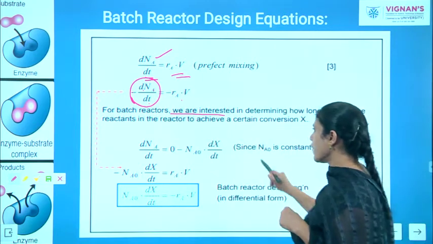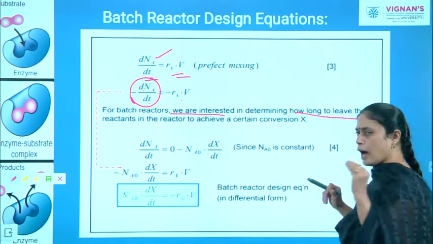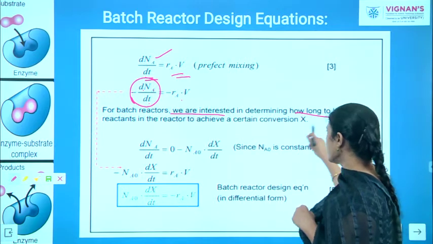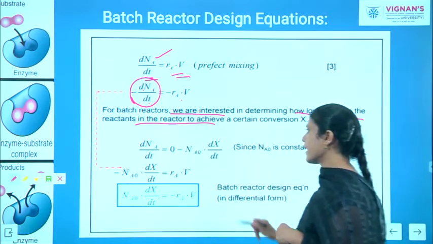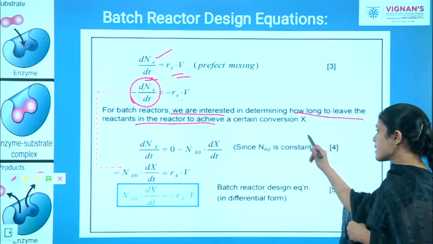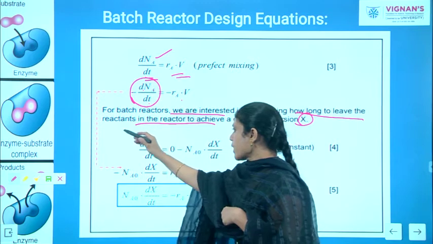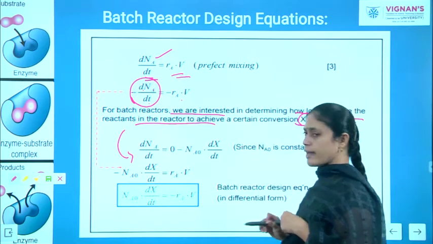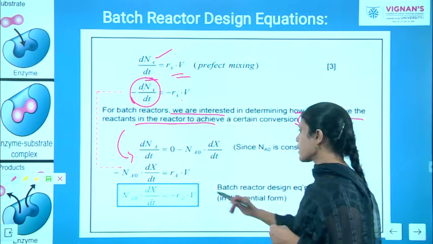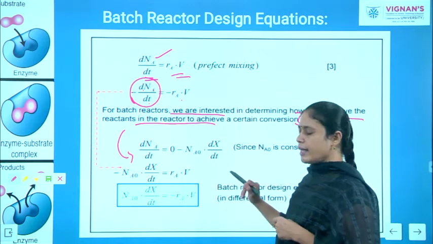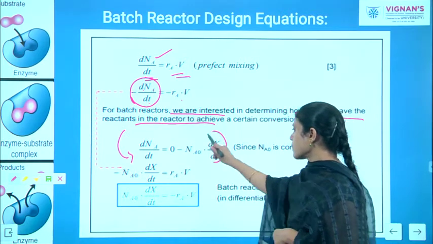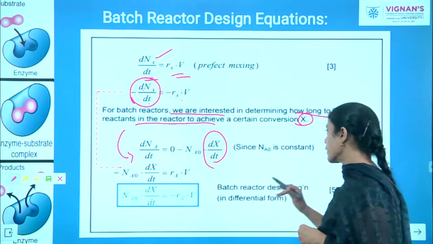For a batch reactor, we are interested in determining how long to leave the reactants in the reactor to achieve a certain conversion X. So, upon simplification, you are getting the expression dNa by dt is equal to 0 minus Na naught into dX by dt, which is nothing but the conversion at a specific time period.